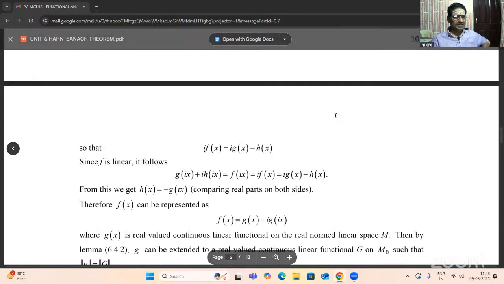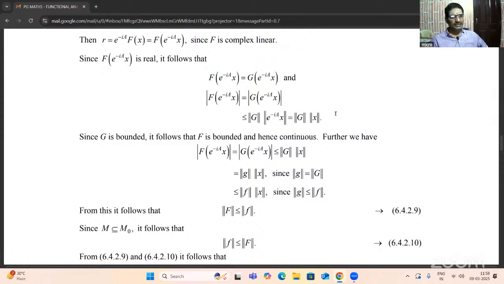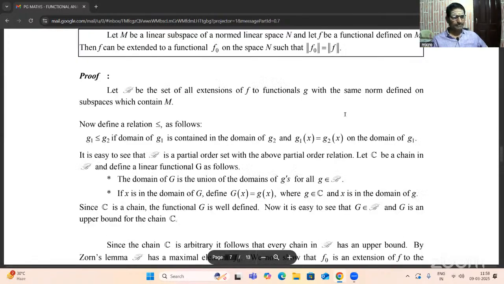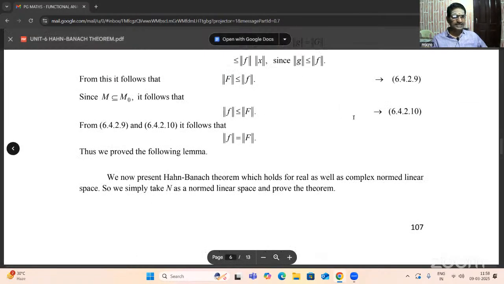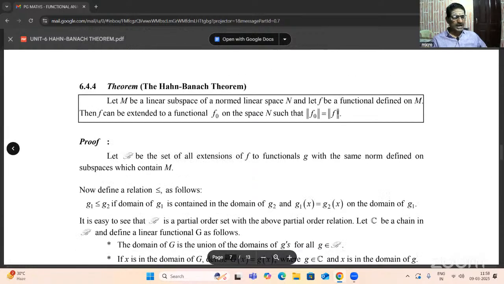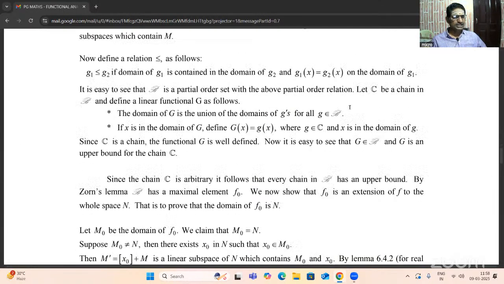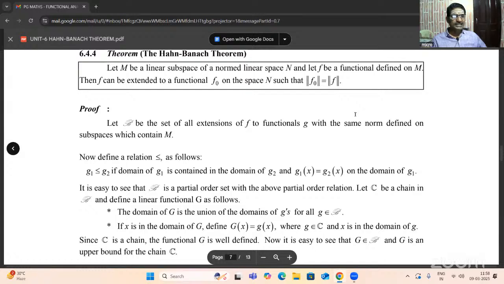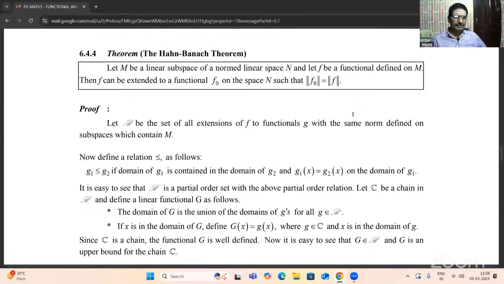These two theorems are well established, and are lemmas for the Hahn-Banach theorem. And 6.4.4 is also very important. The Hahn-Banach theorem is included in the functional analysis and operator theory papers.